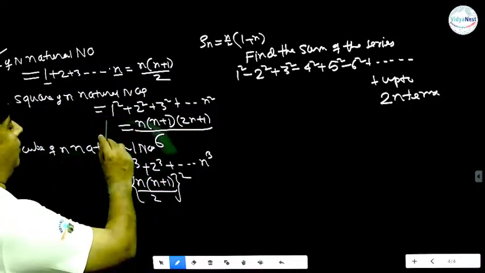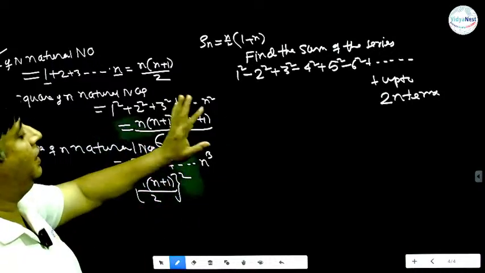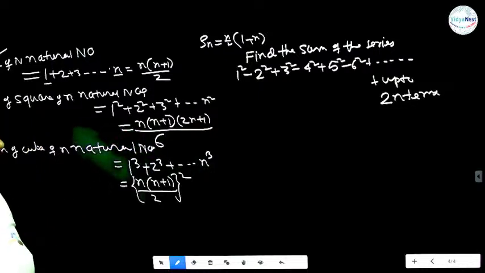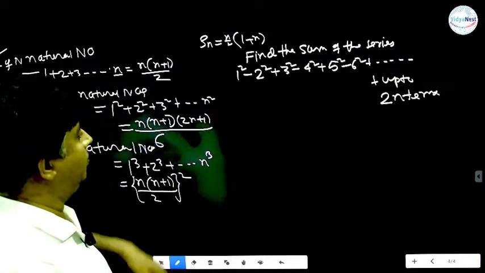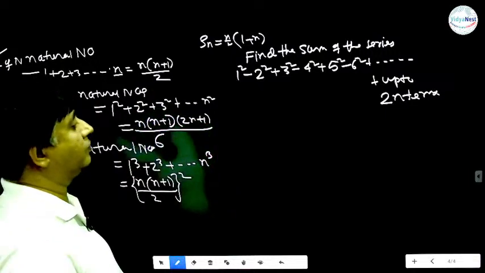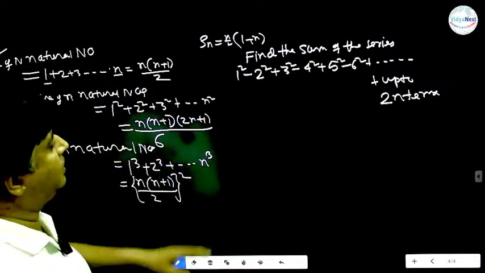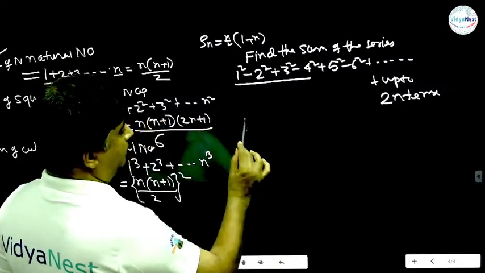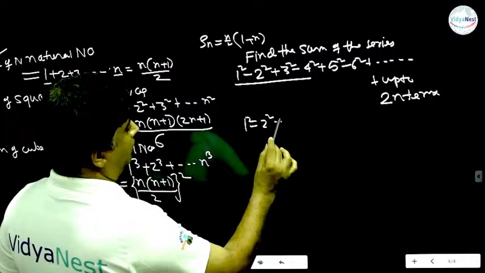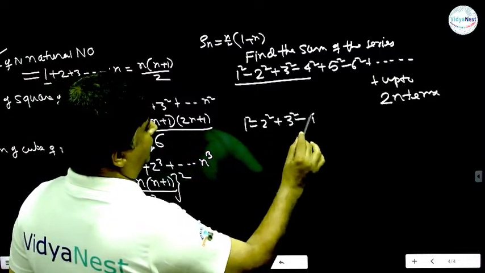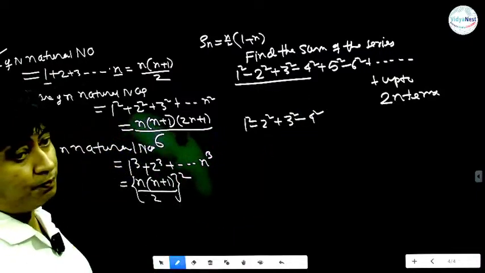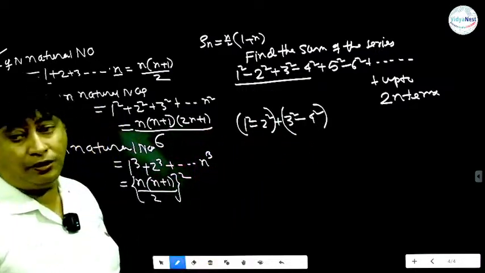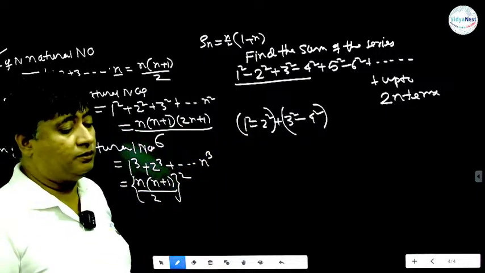Why? Because here all terms are positive, but here minus and plus are coming in rhythmical way: minus, plus, minus. So if I consider the first four terms and put them in a bracket like this, can you tell me how many terms are there now?